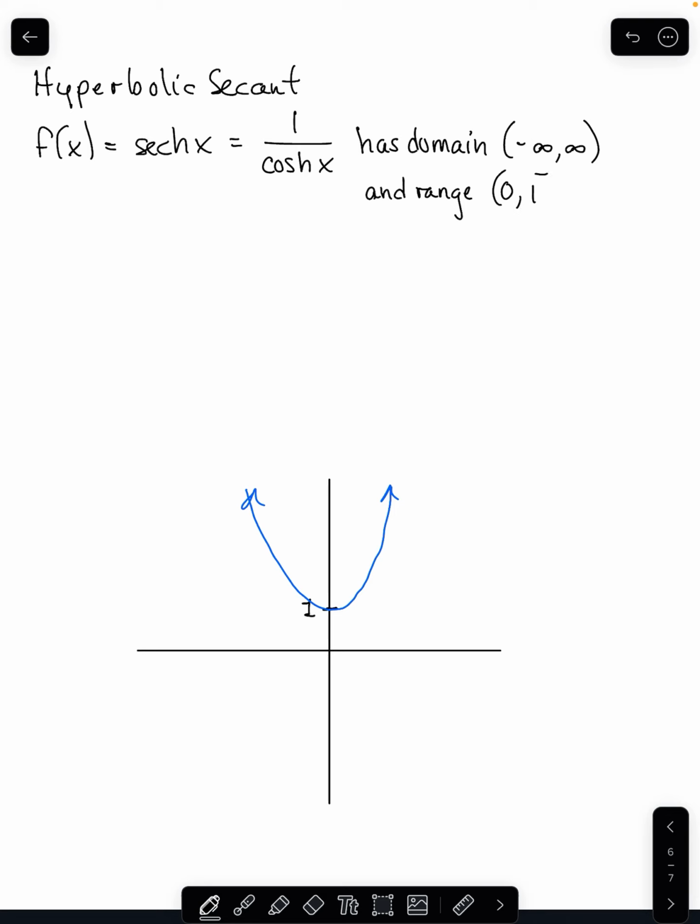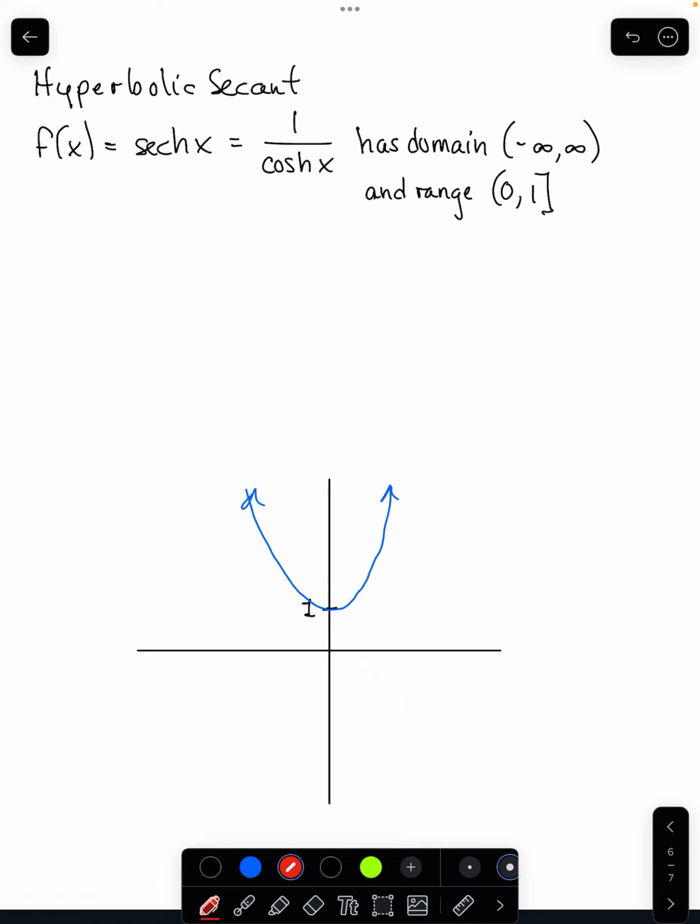Now, it will never actually reach an output value of 0, because to do so would require hyperbolic cosine to actually reach an output value of infinity, which it never actually does. It approaches infinity, which in turn means hyperbolic secant approaches 0.